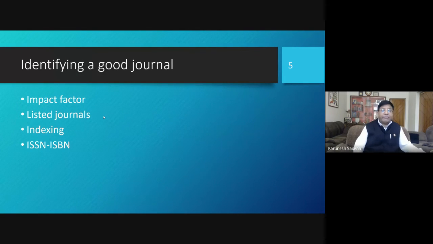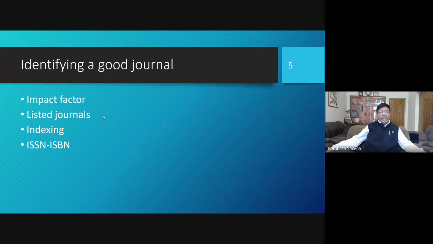But if at the time when you published the paper it was in the UGC CARE list, and you have taken the screenshots and all the precautions, you will be given credit for the publication in UGC CARE, even though later on it has been removed from the list.